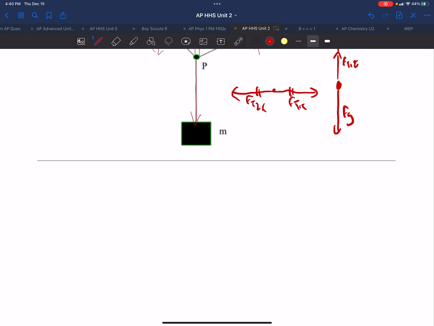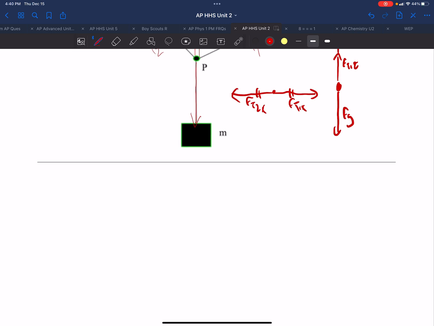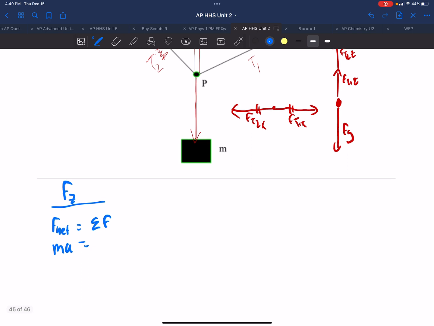Now, laying out the algebra for it and all the variables, we can do the vertical. The net force is the sum of the forces, and that's Ma. And in the vertical, we have Fg plus Ft1z plus Ft2z, and the acceleration is 0.